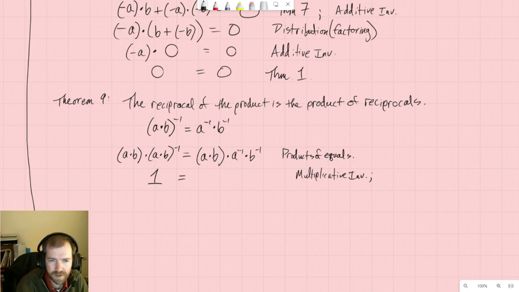All right, here we can do a commutative property for multiplication. So if we commute the a to the negative first power and shove it all the way on the left, and then we multiply by our a times b in parentheses, and then multiply by b to the negative first power here.